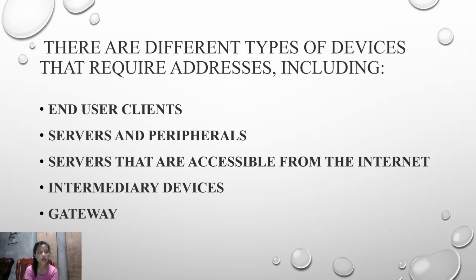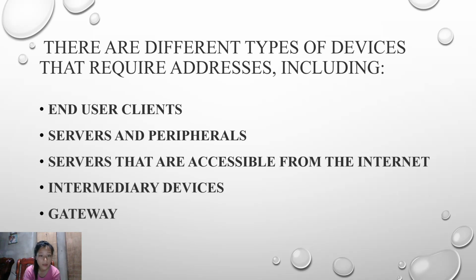So for the intermediary devices, these devices are assigned addresses for network management, monitoring and security. Because we must know how to communicate with intermediary devices, they should have predictable, statically assigned addresses.